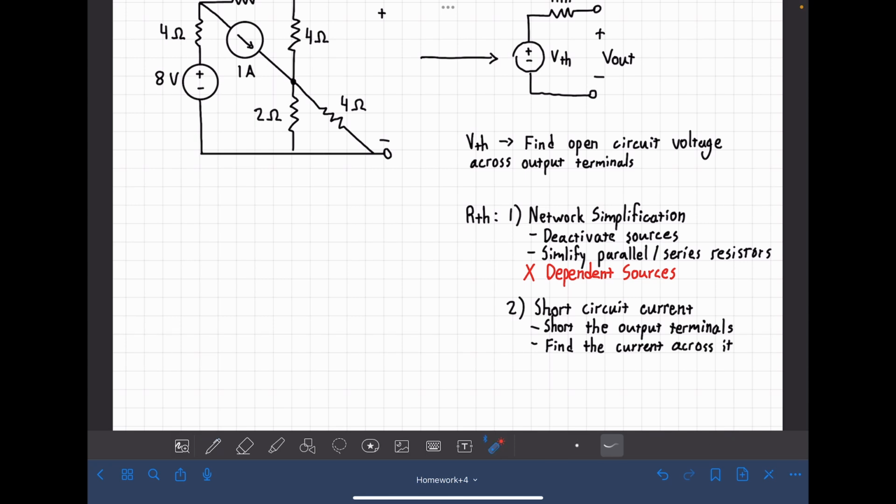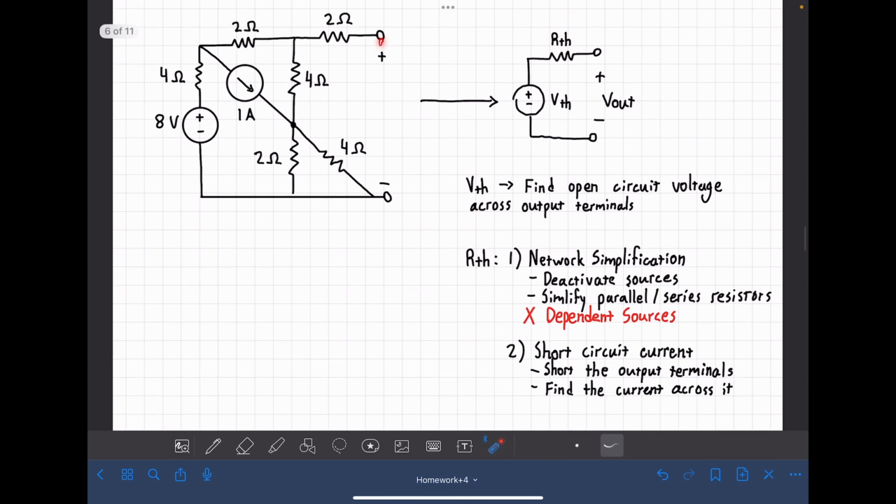That would mean drawing a wire between these two terminals, solving the circuit as it is, not deactivating any of the sources, and then finding the current right here that's flowing through that.